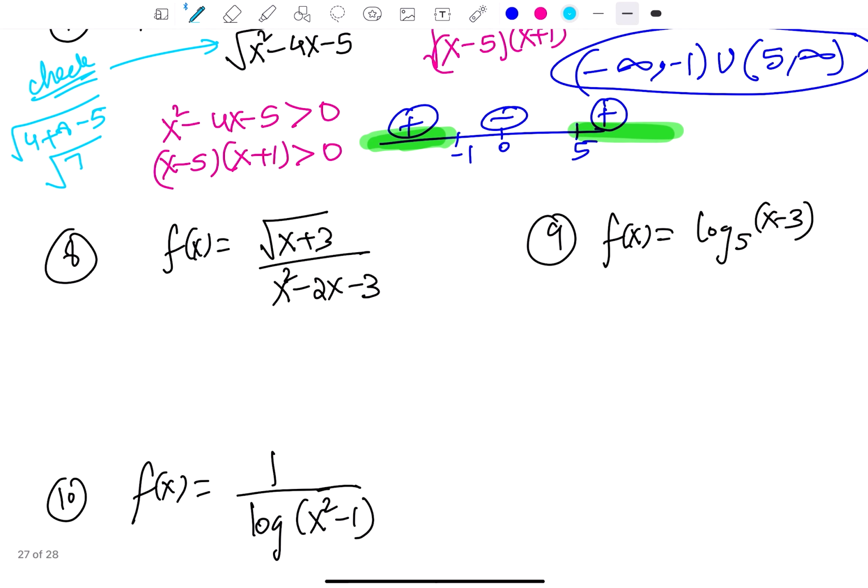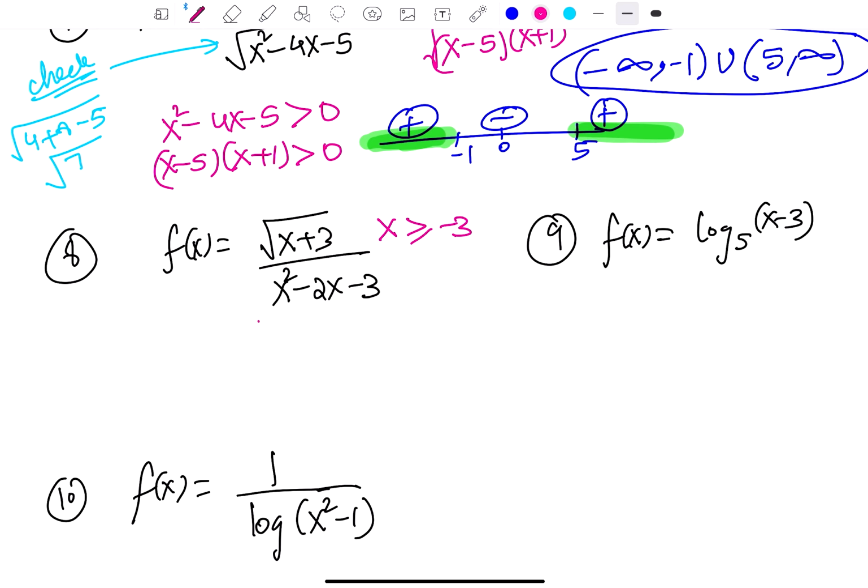Next one, we have a square root in the numerator and a quadratic in the denominator. So let's see how we figure this one out. The square root in the numerator tells me that I need to have x greater than or equal to -3 only, because you can have a 0 in the square root. So all the values greater than -3 are fine.